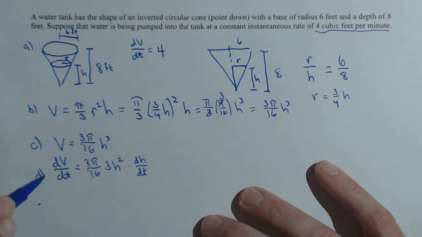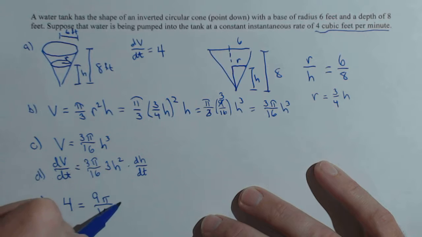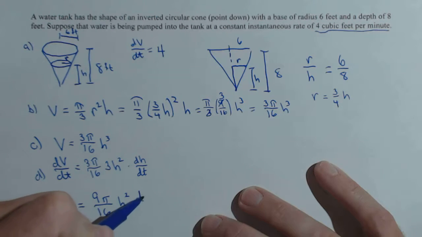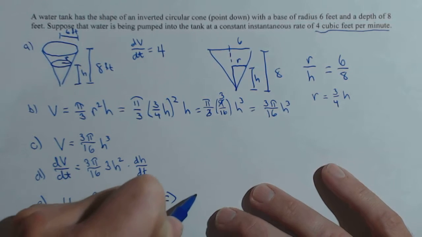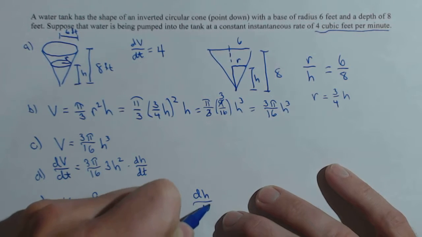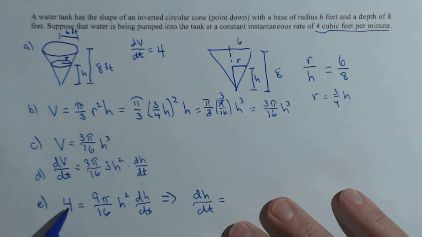So dV/dt is 4, and we have 9 pi over 16, multiplying the 3's together, h squared dh/dt. Now what we're going to be asked to find is the rate the water level is changing when it's 3 feet deep. So in other words, when the height is 3 feet. So we're going to solve this for dh/dt first, just to see what's going on.